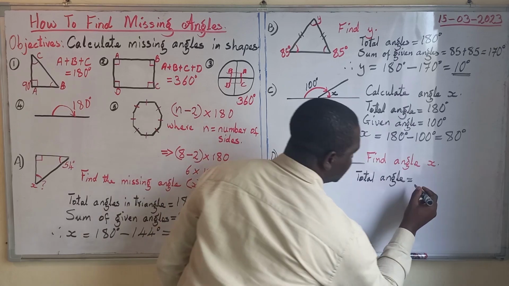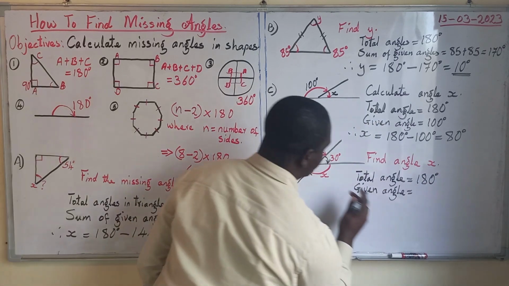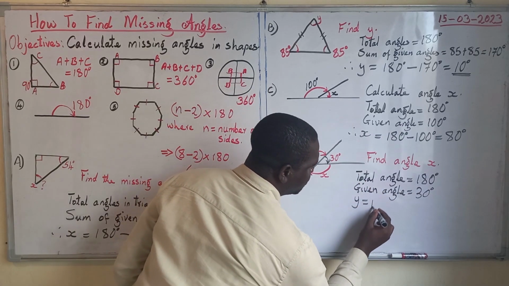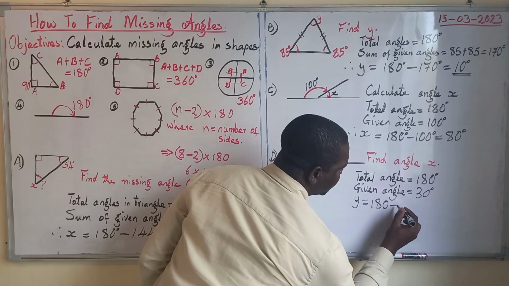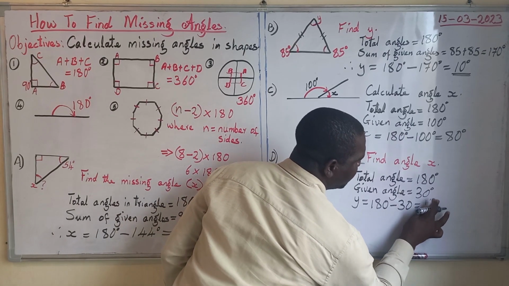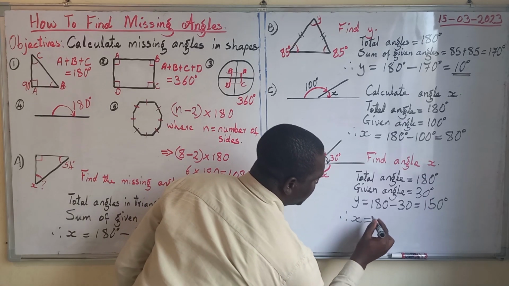Total angle is 180 degrees. Given angle is 30 degrees. Y will be equal to 180 minus 30, which is equal to 150 degrees.